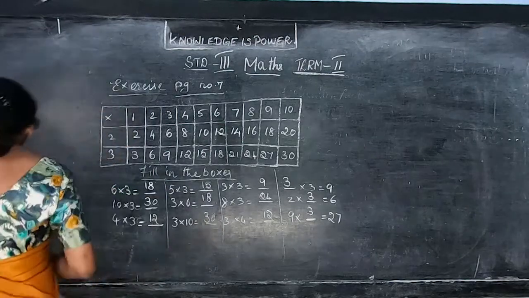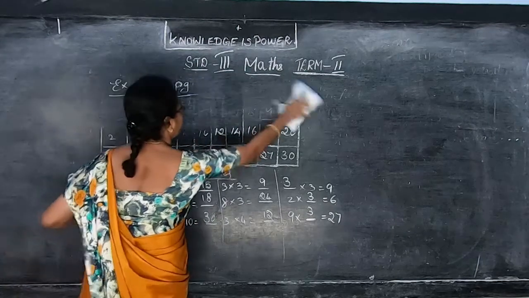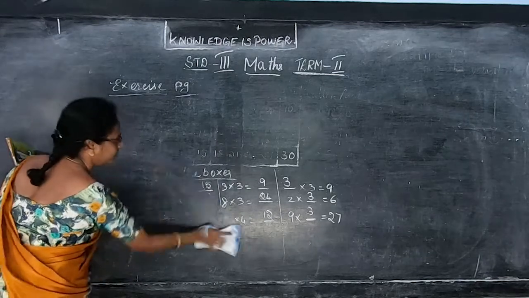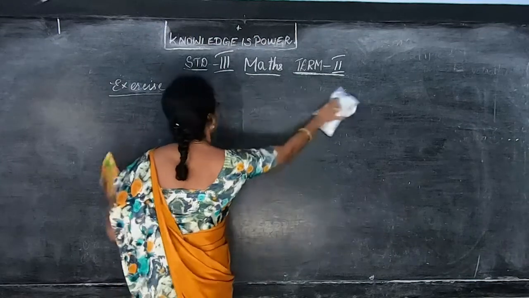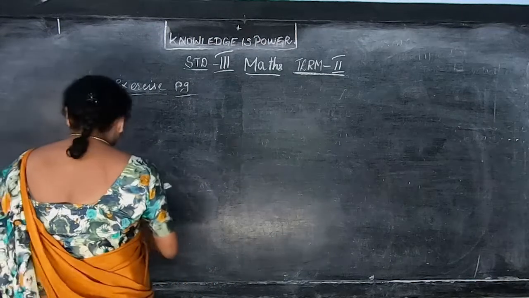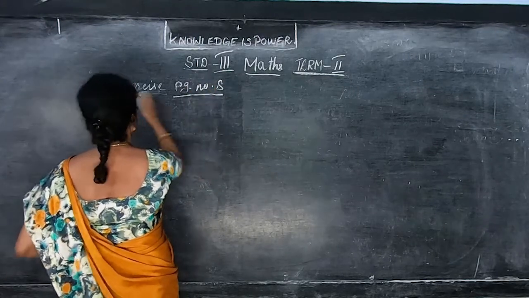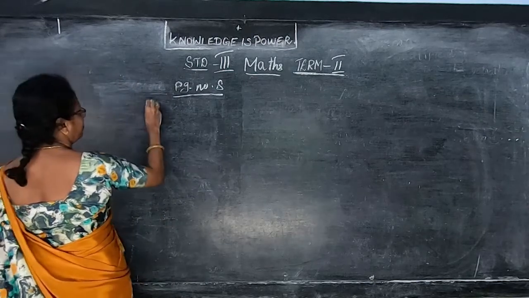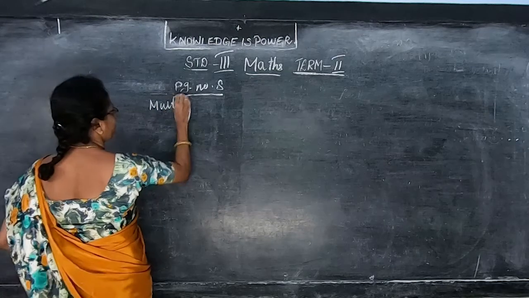Now we are going to see about the 4 tables. All this you have to learn, children. Page number 8. Multiplication table 4.